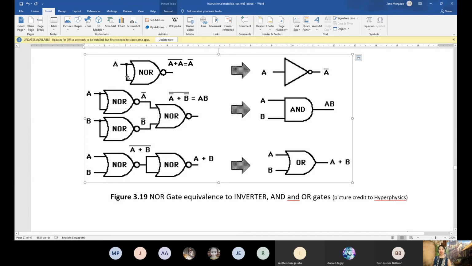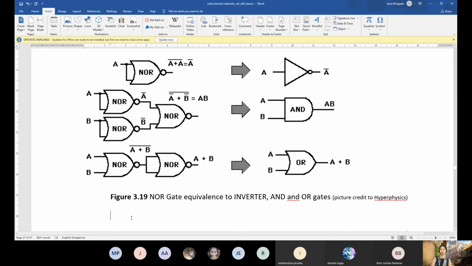A plus A is A, then invert. It's still A prime. For B, this is the combination for AND gate. So this is A prime, B prime. It becomes an input to OR. So A prime plus B prime, then invert.